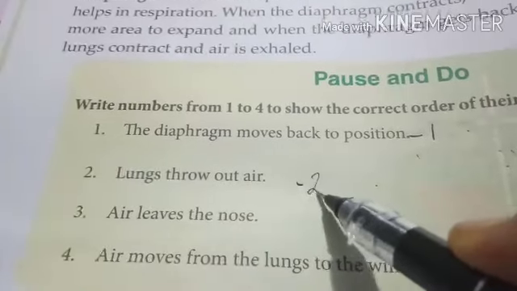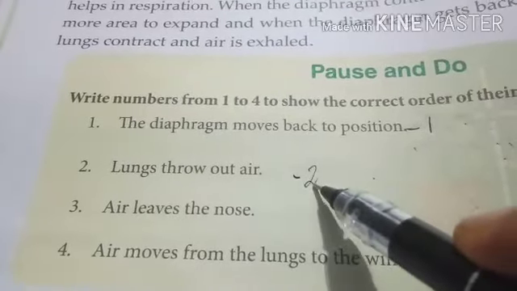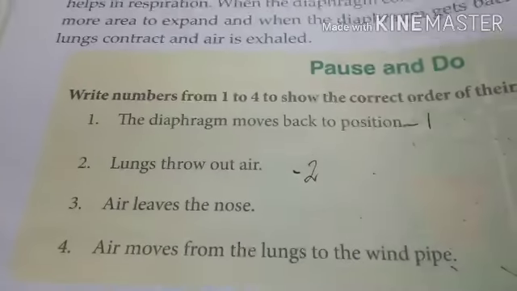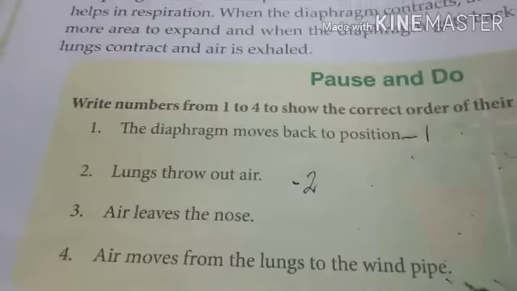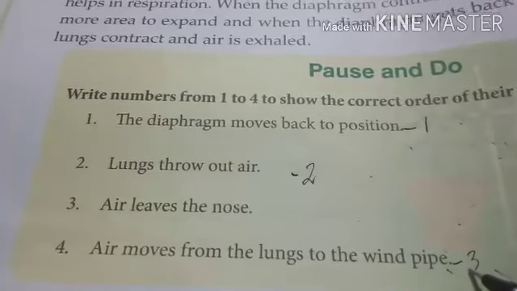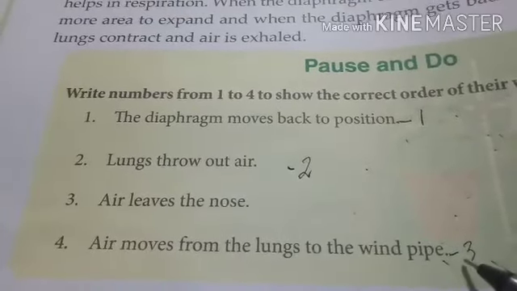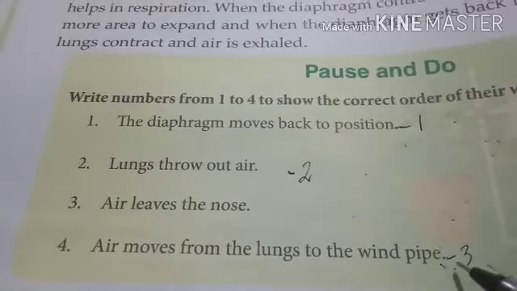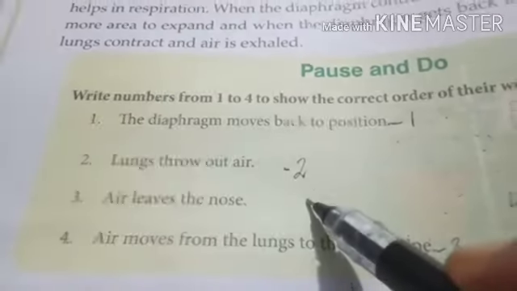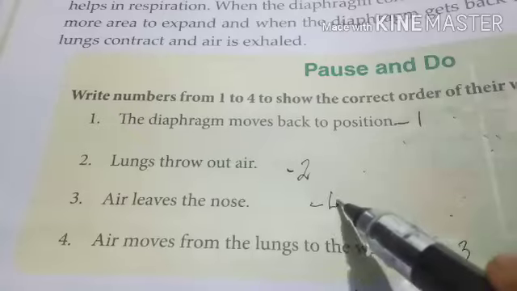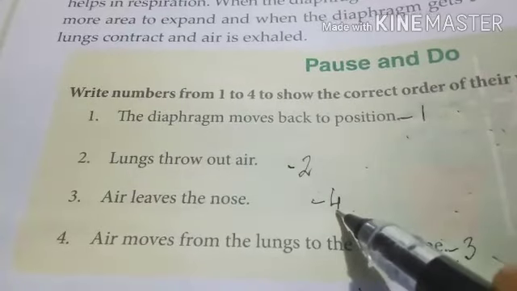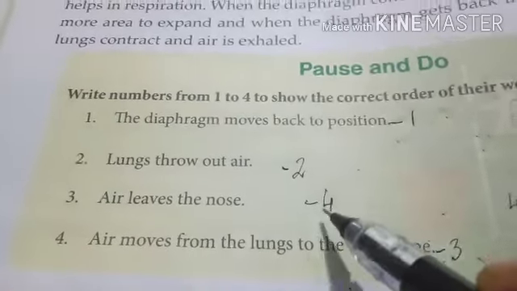And when the lungs throw out air, air moves from the lungs to the windpipe, so number 4 will be in the third position. And when air moves from the lungs to the windpipe, it comes to the nose and air leaves the nose. Let me explain this order through the diagram.